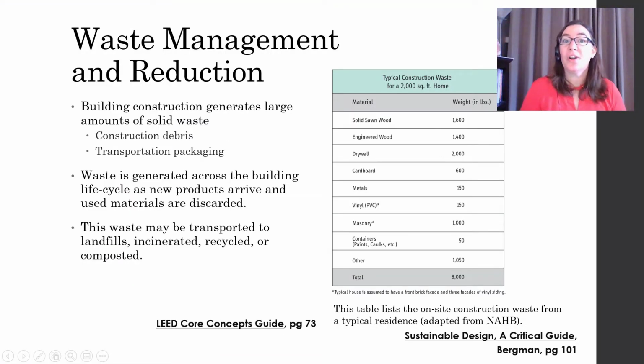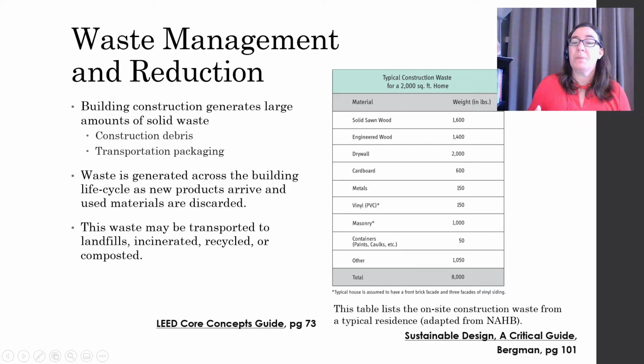Let's start out with the idea that the construction industry in general generates a large amount of solid waste. We're talking about trash here. A large amount of it is construction debris. This can include things like offcuts and oddly sized materials, everything that you would haul away from a construction project in a dumpster.